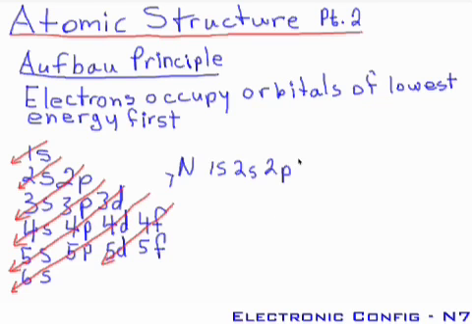The next diagonal hits the 3p. Then the 4s, followed by the 3d. Now here it gets interesting. We notice that our energy ranking places a 3d at higher energy than a 4s. So the order is not as simple as it would seem.